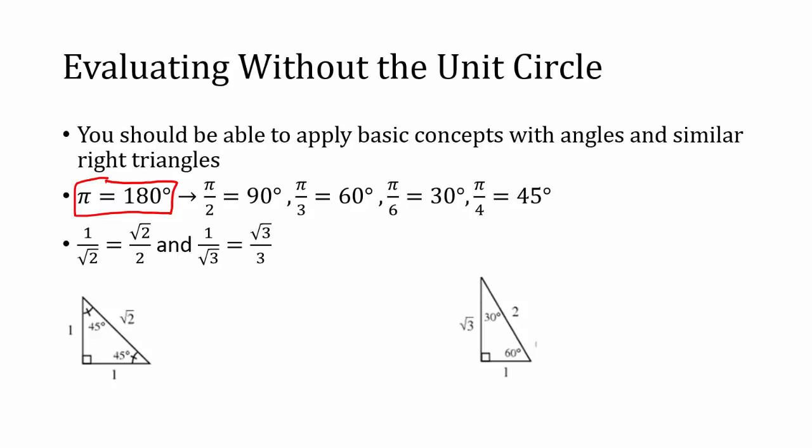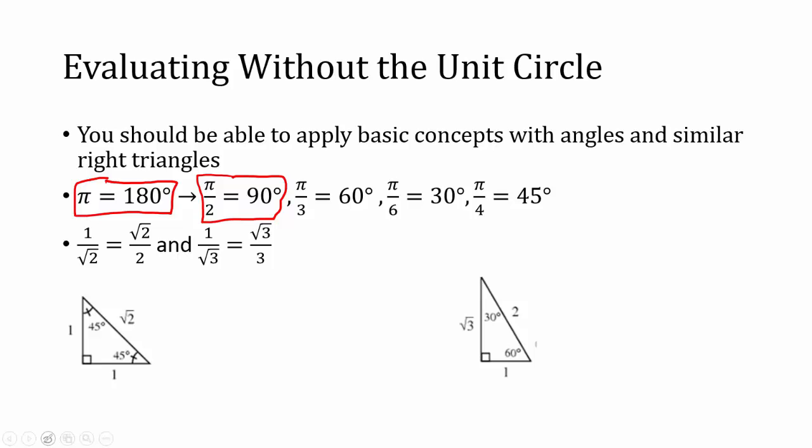If I divide both sides of this equation by 2, I get that pi over 2 radians is 90 degrees, because if pi radians is 180 degrees, cutting pi in half gives me pi over 2, and cutting 180 in half gives me 90. Similarly, I could divide both pi and 180 by 3 to get that pi over 3 is 60 degrees, and similarly, pi over 6 is 30 degrees, and pi over 4 is 45 degrees.